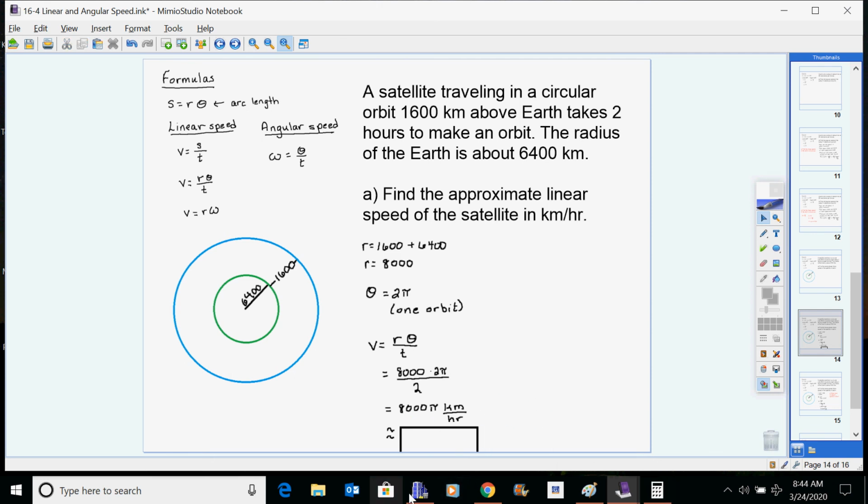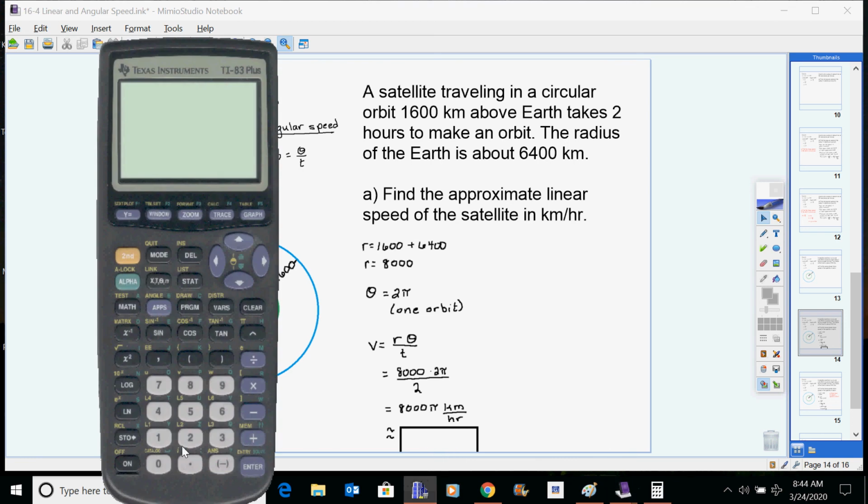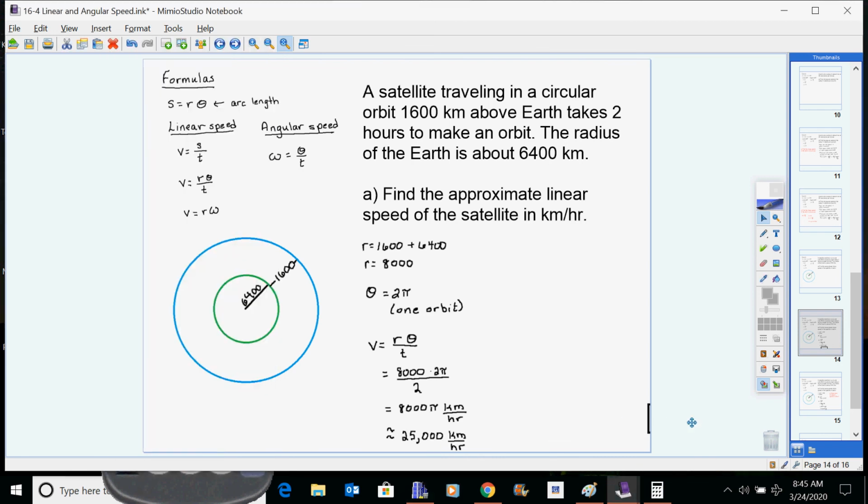Get practical. Times pi, times pi. And so we get 25, about 25,000.